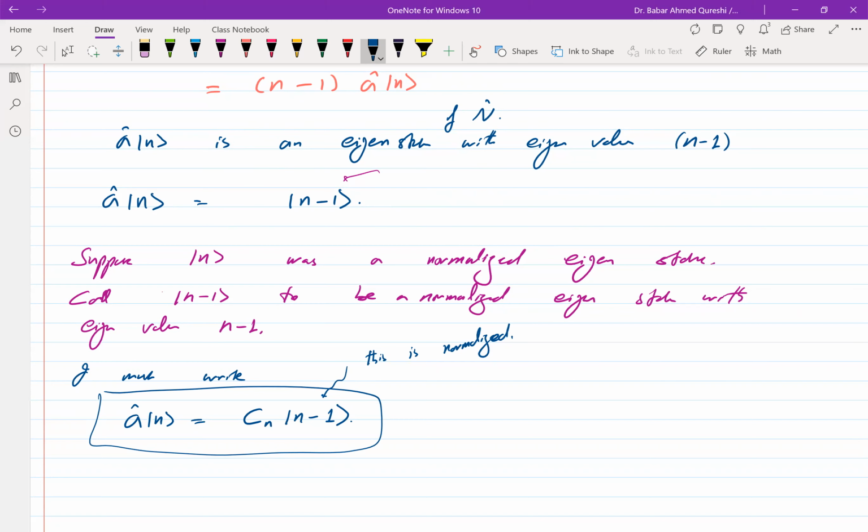When you act with a hat on a normalized state with eigenvalue n, all you can say is that you will get an eigenstate with eigenvalue n minus 1. I don't know if there's a constant involved or not, if it's exactly the normalized state or if there is some extra constant in front of it. So I must include it. That's the only conclusion I can draw from that equation.